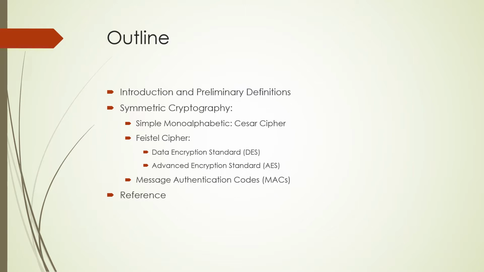I'll start with the very simple one, which is the Caesar cipher, and then after that, we're going to talk about the Feistel cipher and the two very important implementations of the Feistel cipher, which are DES and AES, the Data Encryption Standard and the Advanced Encryption Standard. And I'll talk about their differences. You will see which one is stronger and which one is easier to compute.